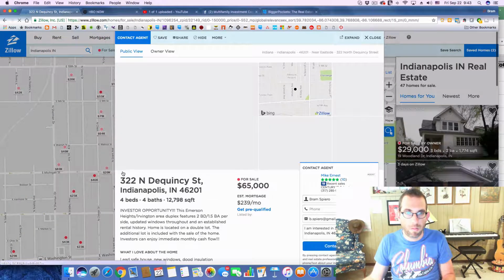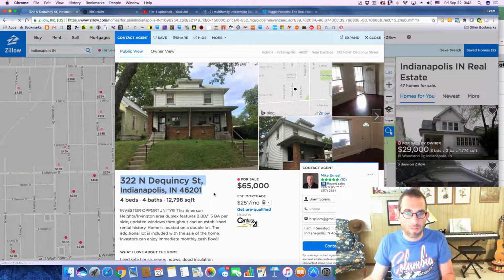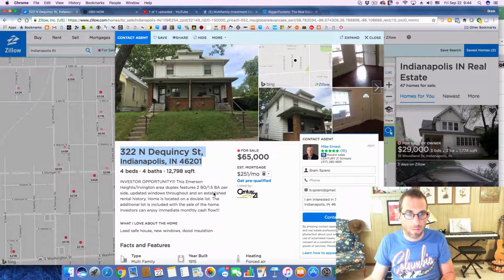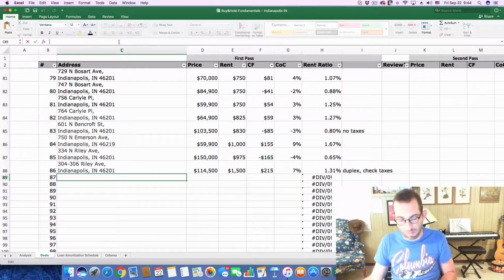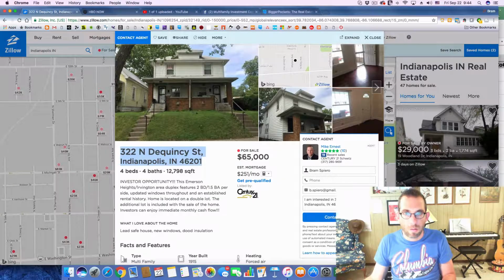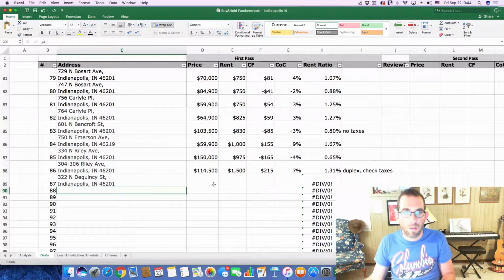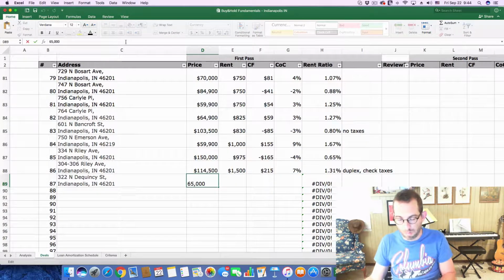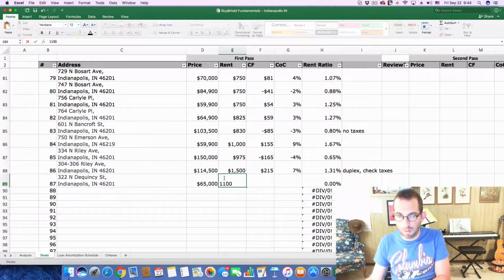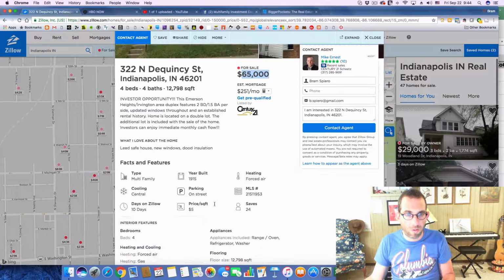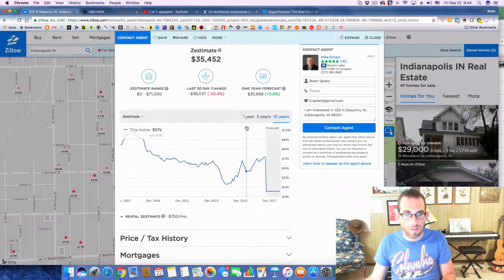What about this one? That's a duplex. Use the assumption that we have 4 duplexes in these neighborhoods.